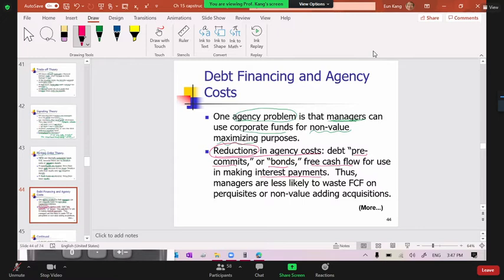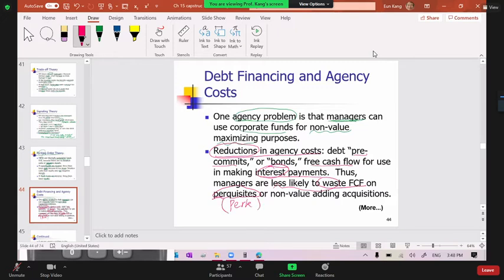In other words, they need free cash flow to make investments, but they use it in making interest payments. Then what? Interest payment is an obligation, they must pay. So they are less likely to waste free cash flow on perquisites. Okay? Perquisites, I call it also perks.